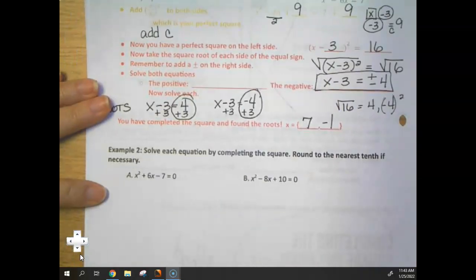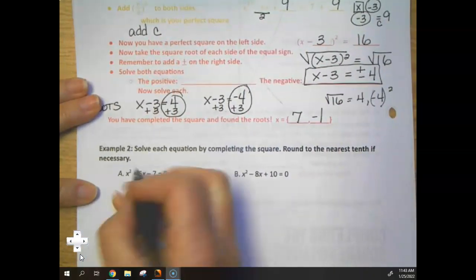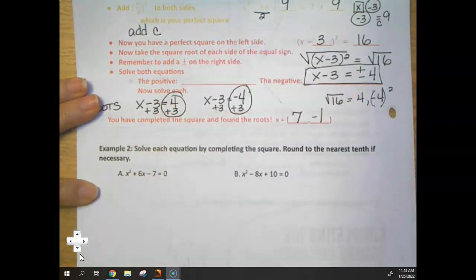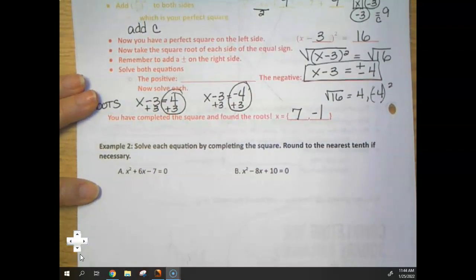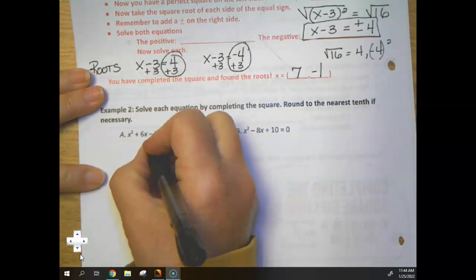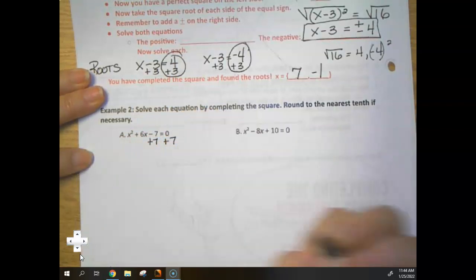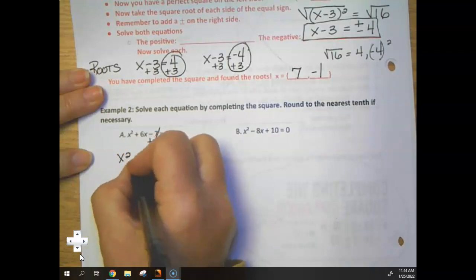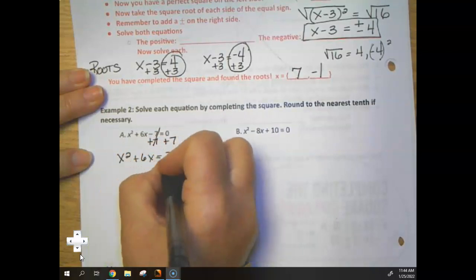Okay, so you see that I have this constant here. It needs to go to the other side so we can do that special thing we do with completing the square. It's just kind of like a shortcut. So I'm going to add 7 to both sides. So that cancels out. I'm left with x squared plus 6x is equal to 7.